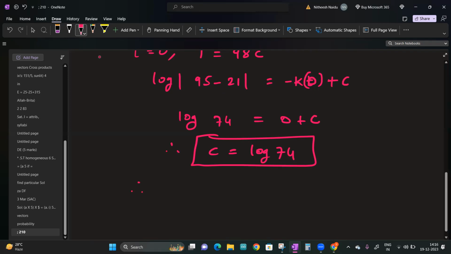Therefore, now the equation becomes log mod (T minus 21). Is it 95, the initial stage?